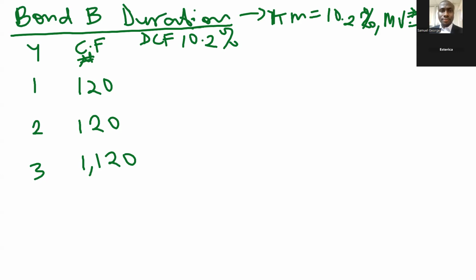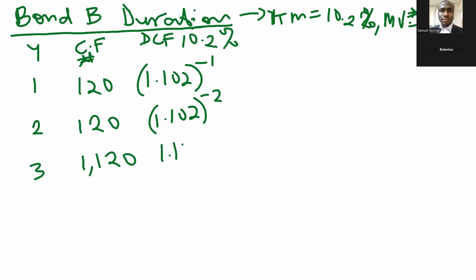We have 1.102 raised to power minus 1, 1.102 raised to power minus 2, 1.102 raised to power minus 3. 1.102 raised to power minus 1 times 120, we have our PV, which would be approximately 109.